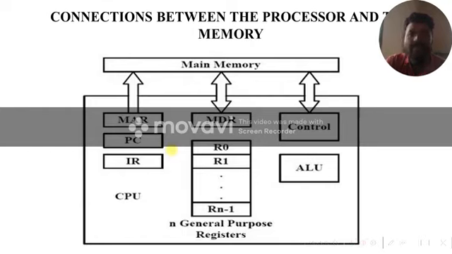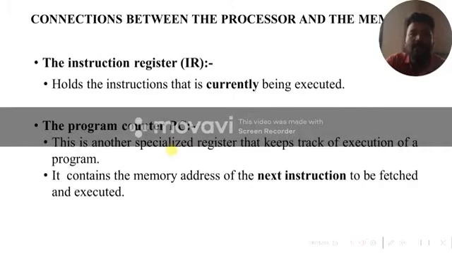This particular diagram is mainly meant to show how the different types of data transmissions and address transmissions are carried out between the processor and the memory space. The memory can be of any kind, not only the main memory.